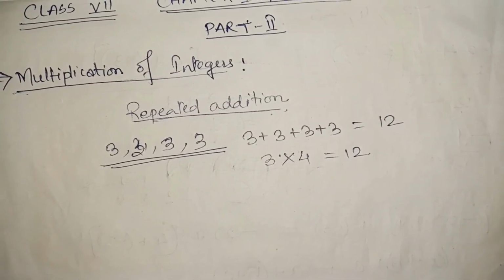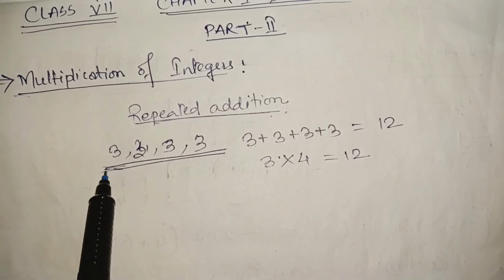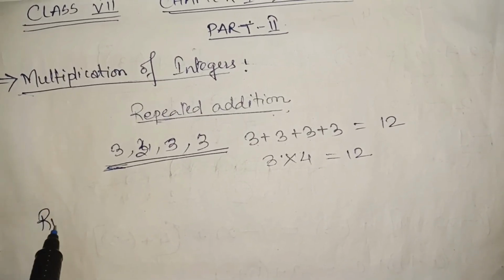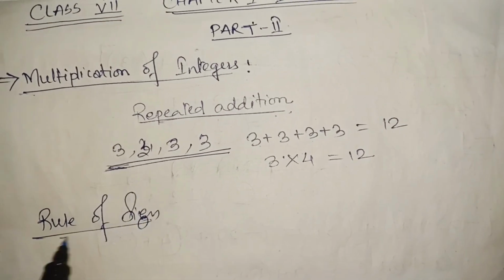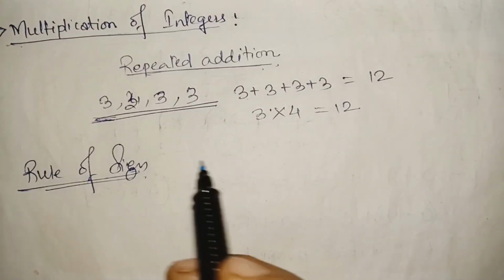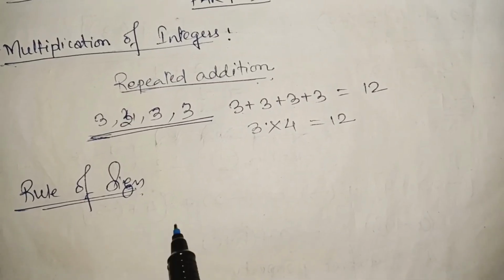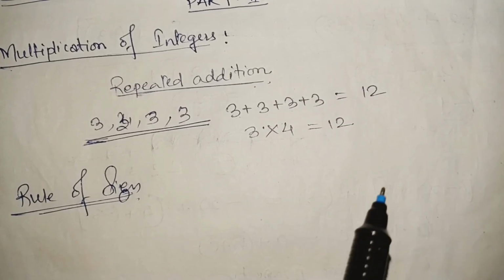Before telling you the various properties, let me tell you the rule of sign of integers, while doing different calculations. See, in the previous class, I think I have not taught you.